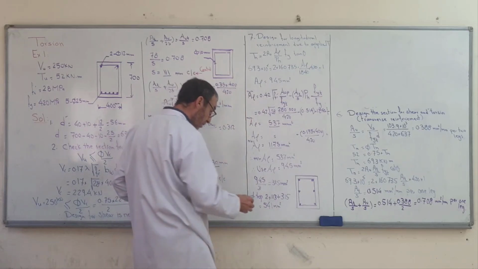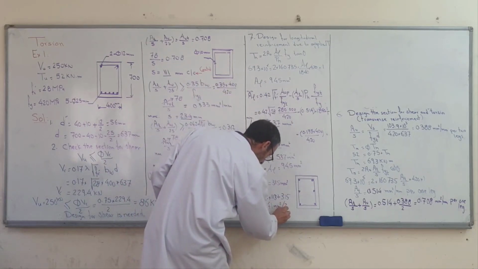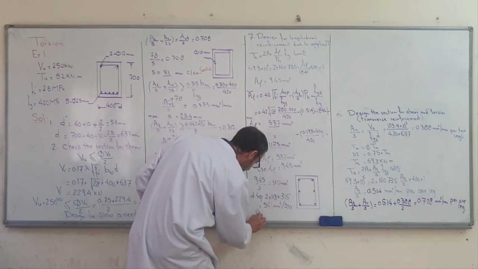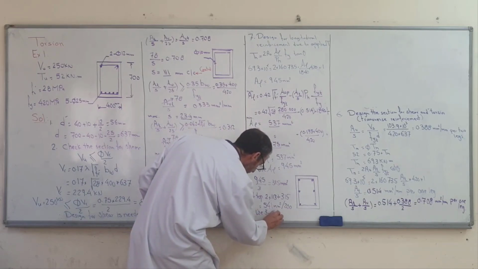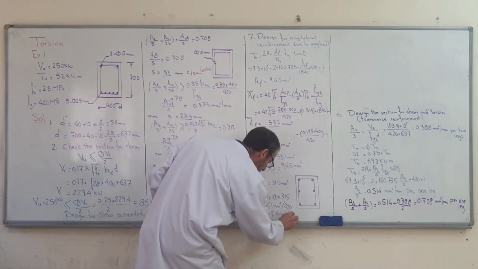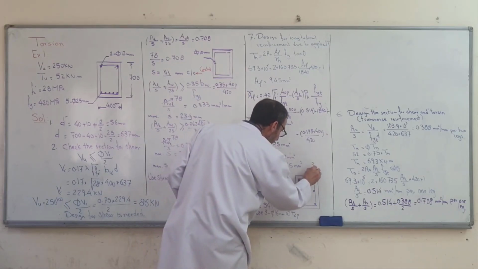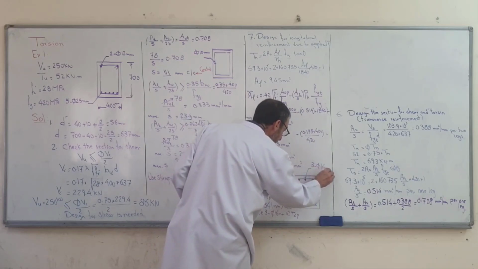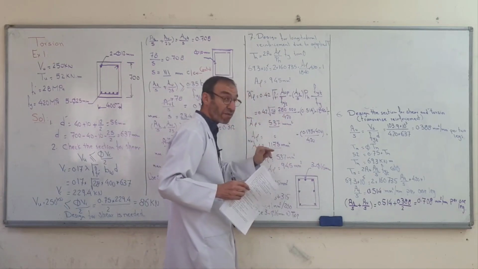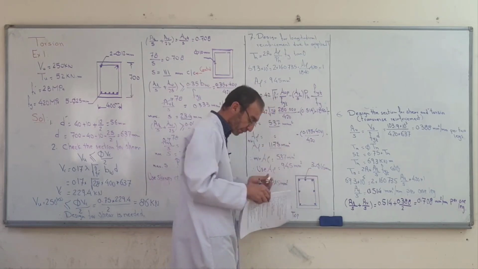If we use 16 millimeter bars, divided by 200, therefore we use 3 Φ16 millimeters at top instead of 2 Φ12, if we add the effect of torsion.